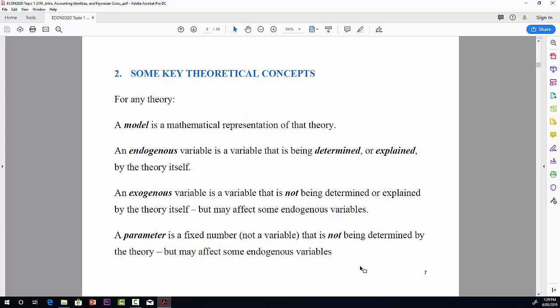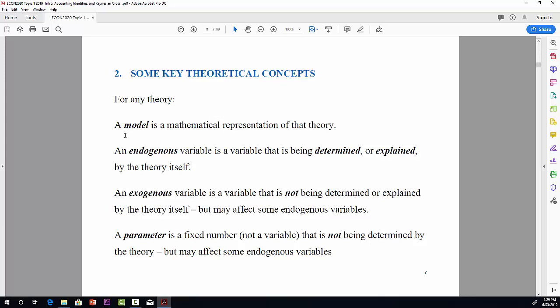Now, before we get right into the mathematical theory of macroeconomics, let's just briefly touch on some theoretical concepts that are true for any theory.